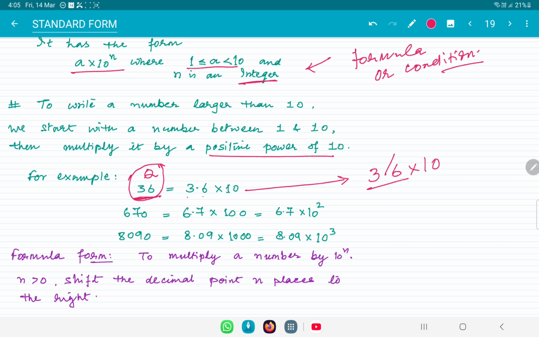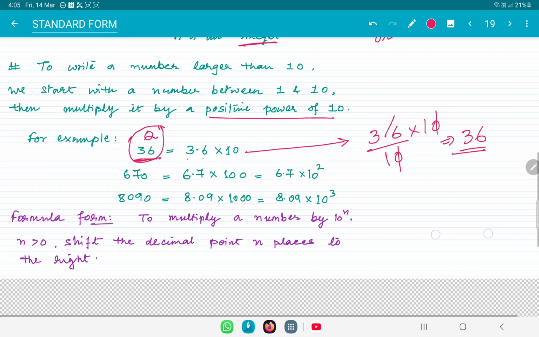How many digits after the decimal? 1. So 10 will be in the denominator, and the 10 and 10 cancel, so we get 36. So 36 can be written as 3.6 into 10.